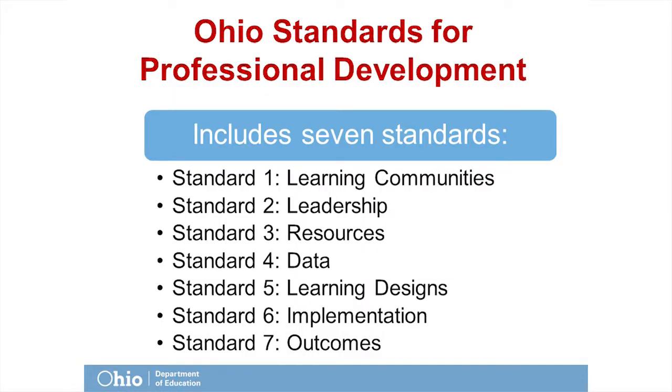So here are the 7 key areas of the Ohio standards. We have a standard on learning communities, one on leadership, resources, data, learning designs, implementation, and outcomes. There's a lot of language in those standards, but basically it all boils down to those topics.